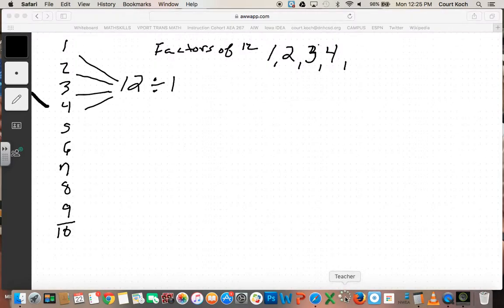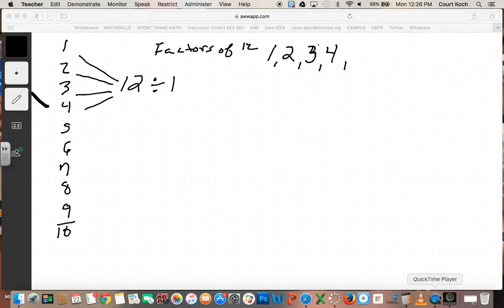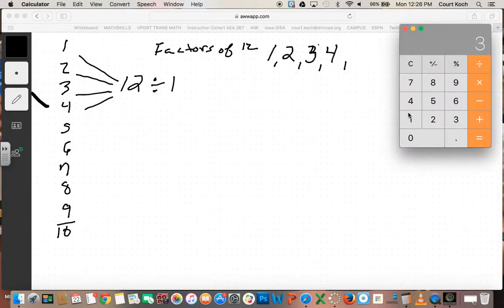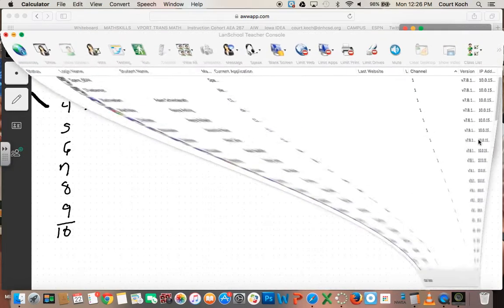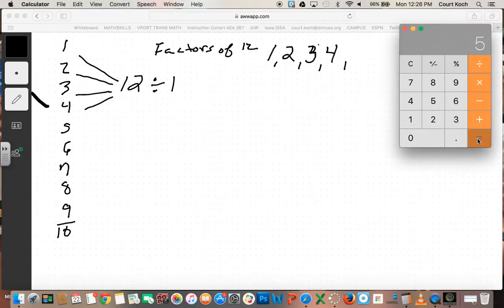Whoops, that's not what I meant to click on. 12 divided by 5. See what happens this time. It's 2.4. There's a whole number 2, but see that decimal and the number 4? That tells me it's not a whole number, so 5 will not be a factor.